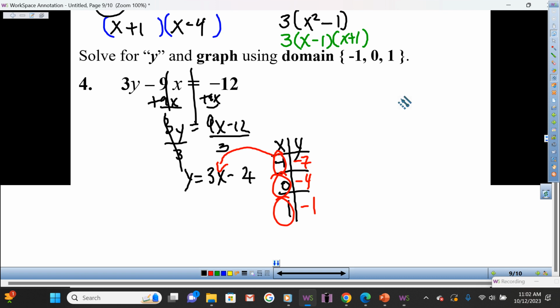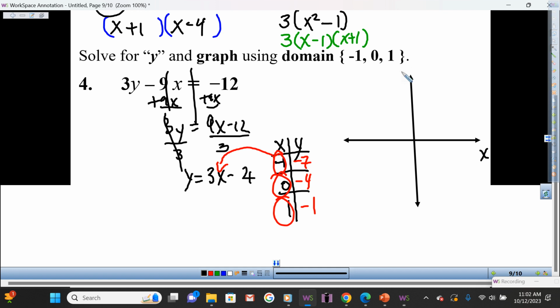All right. So with that said, let's graph this. Create a little coordinate plane on the side. This is our x-axis or domain. This is our y-axis or range. And of course, in the center is what? 0, 0. So, negative 1 of x, negative 7 of y. Negative 1 of x is right here. Negative 1, negative 7: 1, 2, 3, 4, 5, 6, 7.